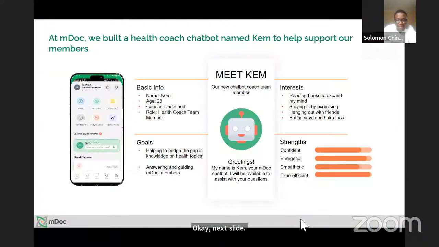Next slide, please. Okay. So at mDoc, we built a health coach chatbot named Chem to help support our members. So meet Chem. My screen, I had to switch over to my phone. Hopefully AI is able to help us solve the electricity problem in Nigeria and just the rest of Africa.